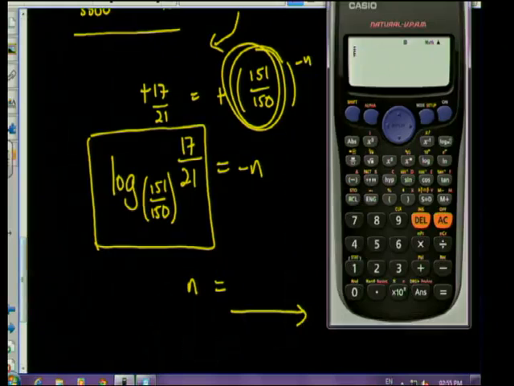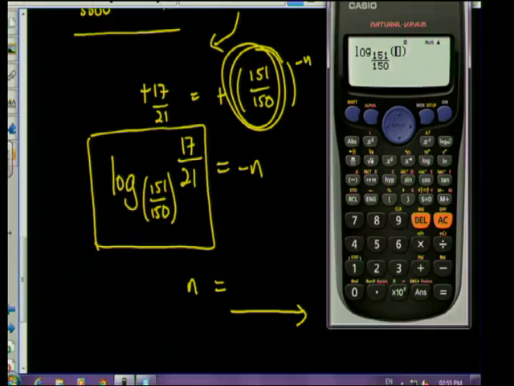Remember that on the right hand side, just under the on button, is the log button that you want, and that log there enables you to choose the base that you want. So press my fraction button, 151 all over 150. Scroll so I can get to the number part.